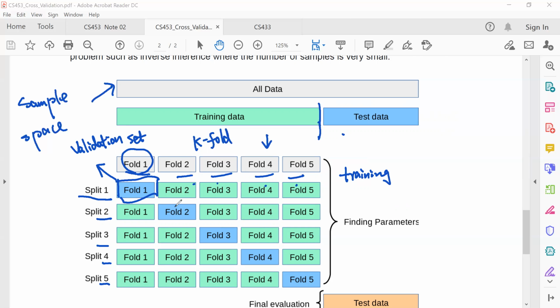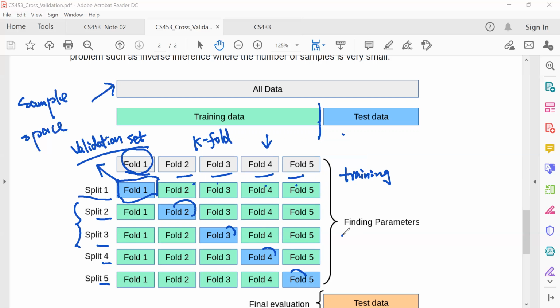So you consider all of the folds as the validation set, which is why in this case we need 5 splits, so that all 5 folds will be put as a validation set, and the remaining folds will be in the training set.